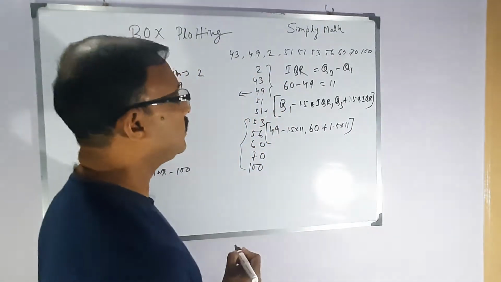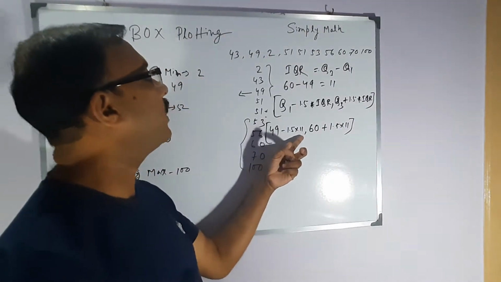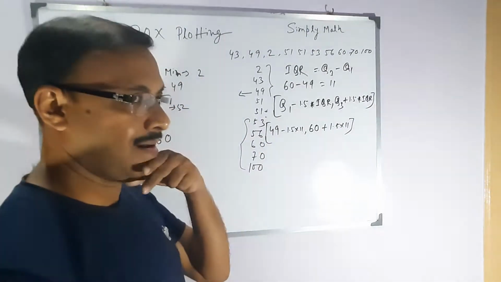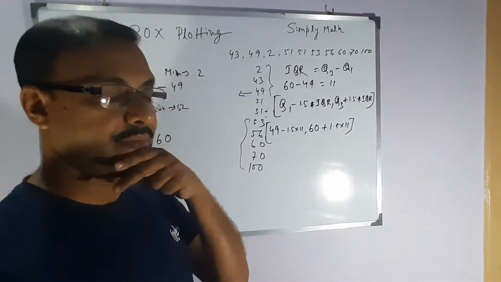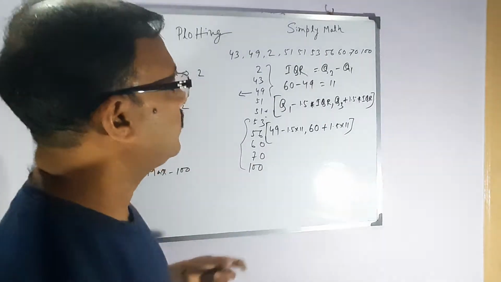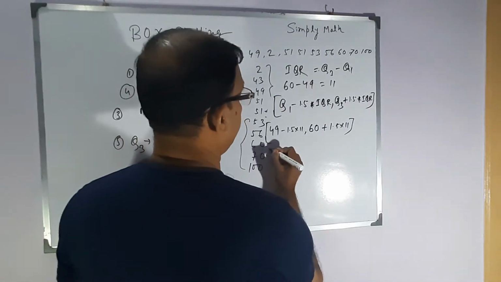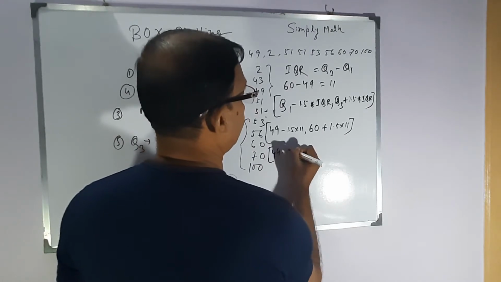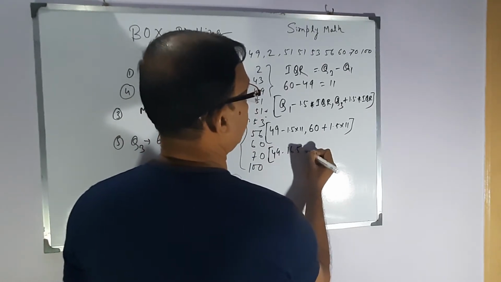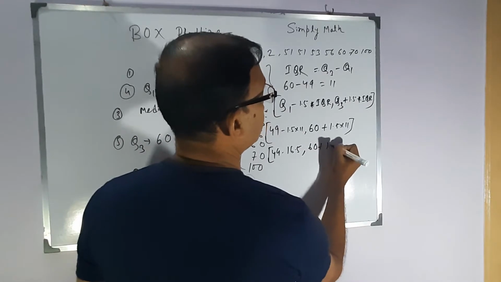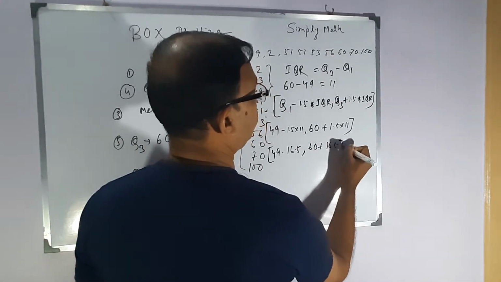That means 1.5 times 11 is 16.5. That means this value is 49 minus 16.5 and 60 plus 16.5.